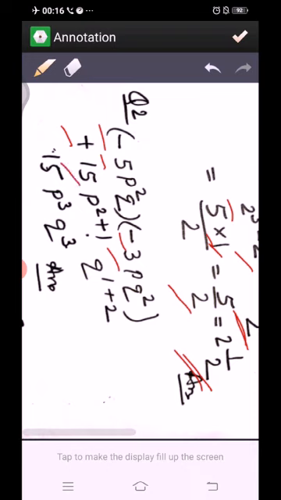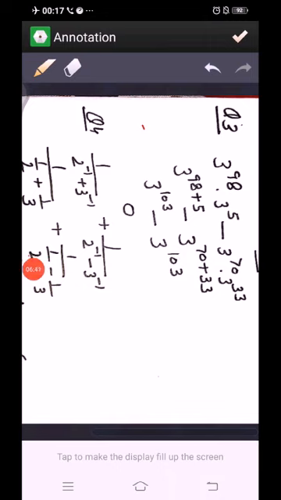Then p power, here product we are finding, p power 2 and p power 1. So we can write it p power 2 plus 1, and q power 1 plus 2, that is 15, p power 3 and q power 3. This is our required answer.